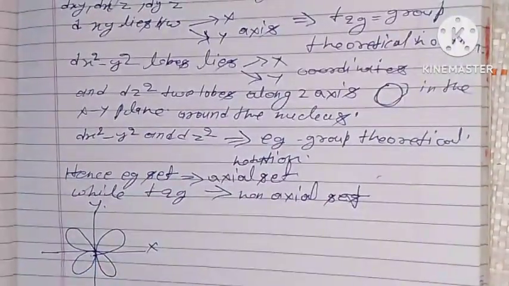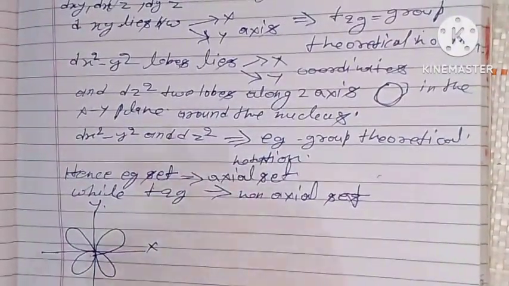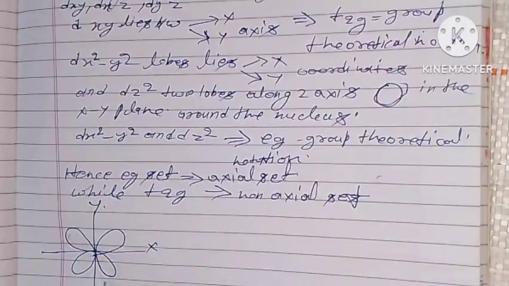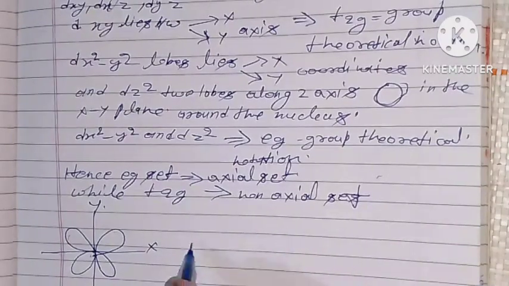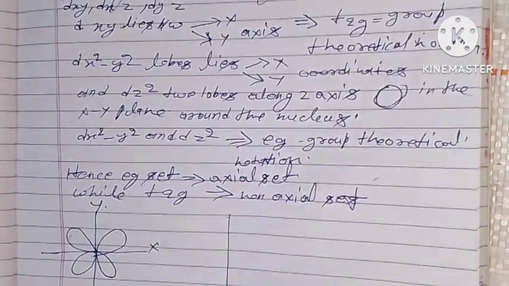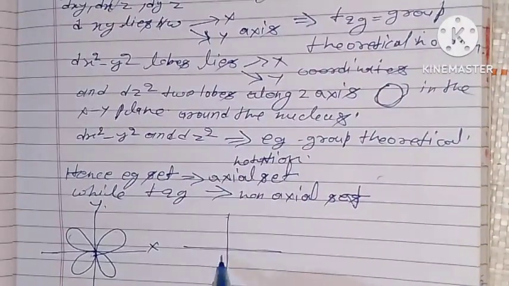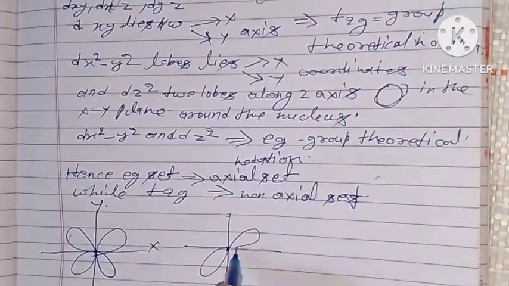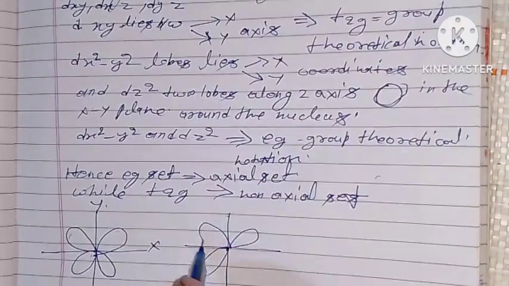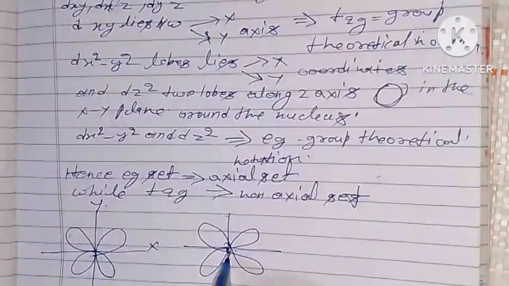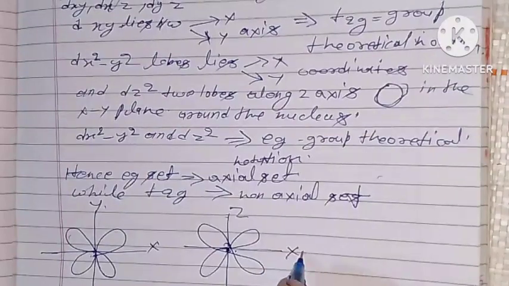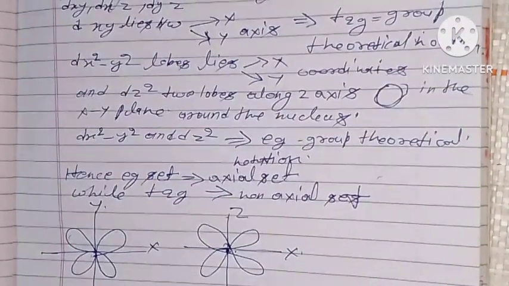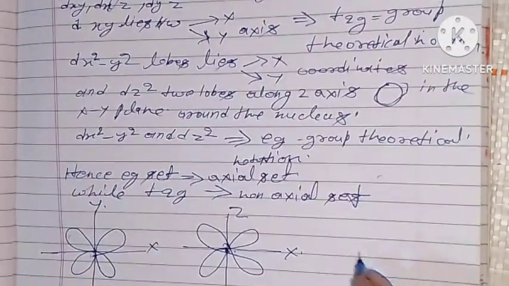That means the shape of d orbital is a double dumbbell. And dxy. The next figure is dxz: this is the z-axis and this is the x-axis.